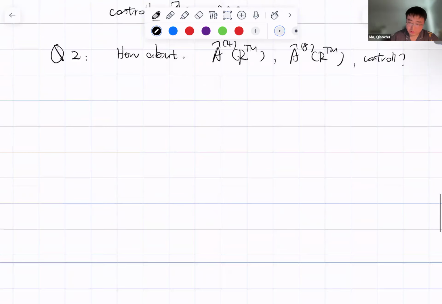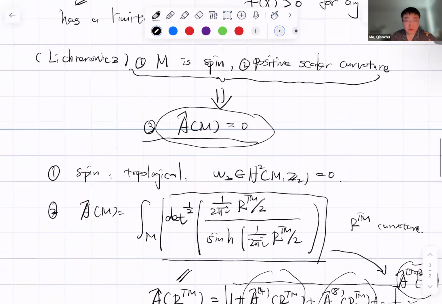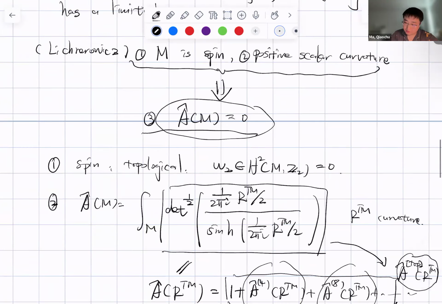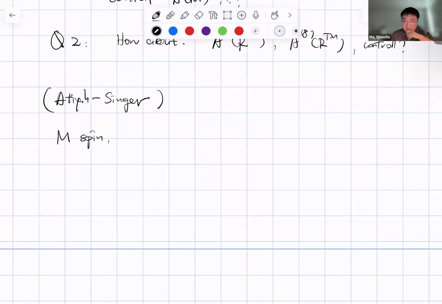First we review the proof of this Lichnerowicz theorem. It follows from the combination of two theorems. The first one is the Atiyah-Singer index theorem. Now M is a spin manifold, so we can construct a spinor bundle over it, denoted by SM.